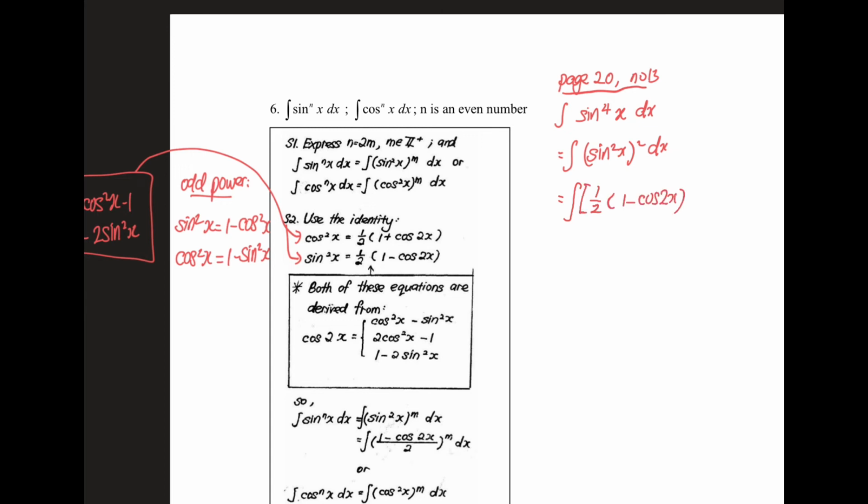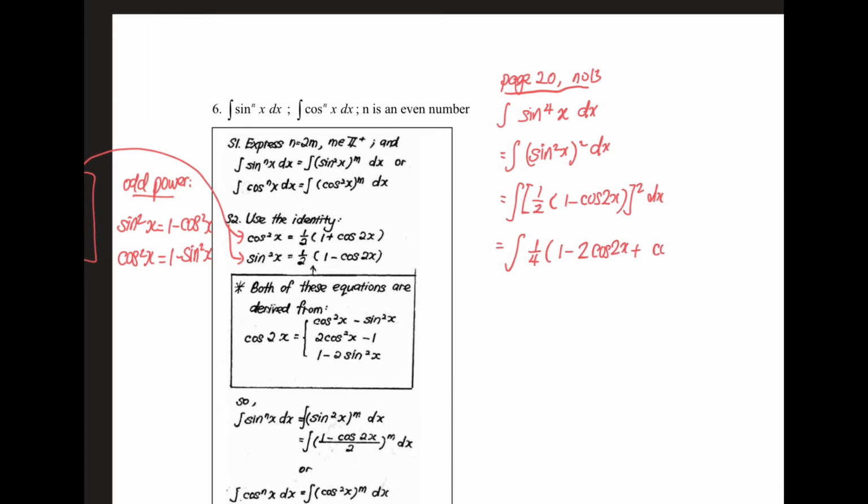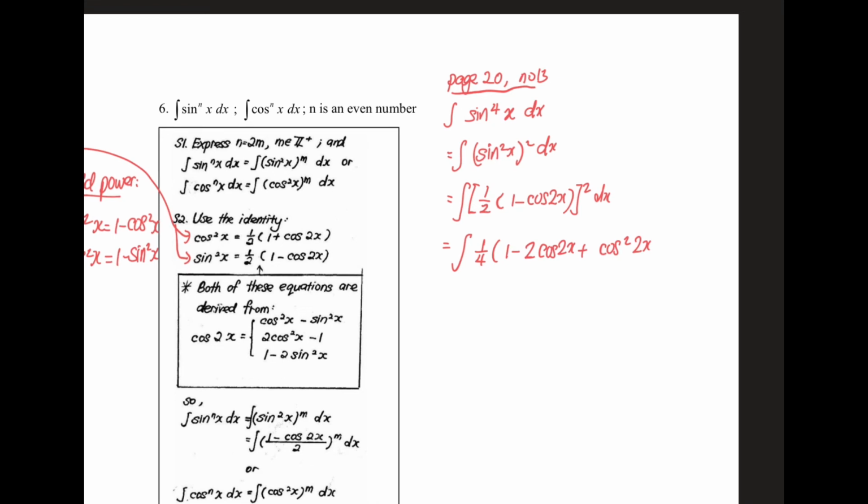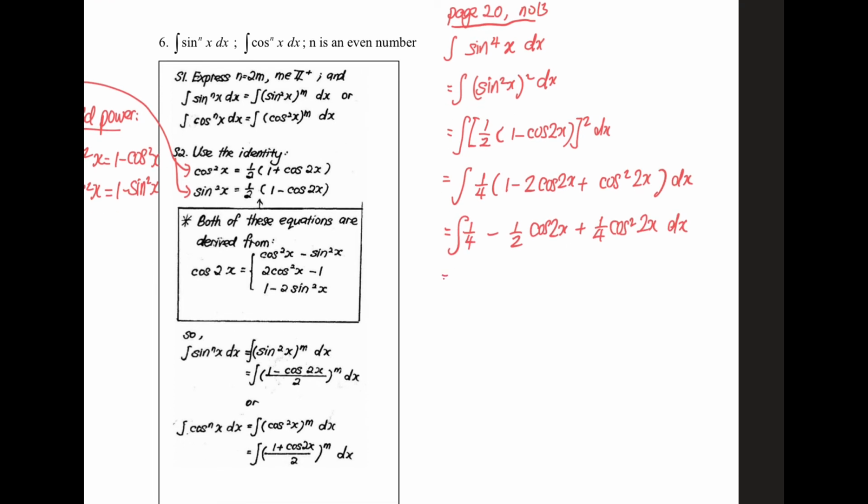So the whole thing, power 2. Expand it: 1 over 4, 1 minus 2 cos 2x plus cos square 2x dx. Expand again. So now when you look at the third term, you will realize that the third term is again an even power.